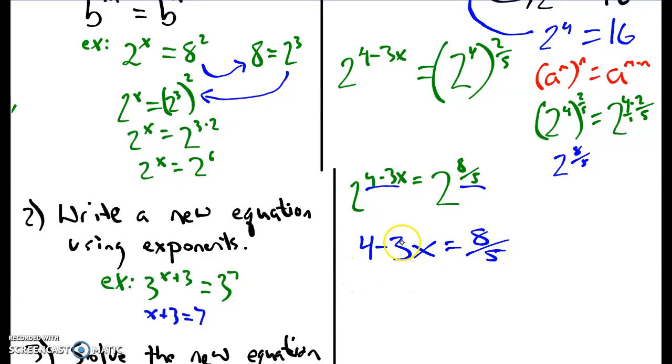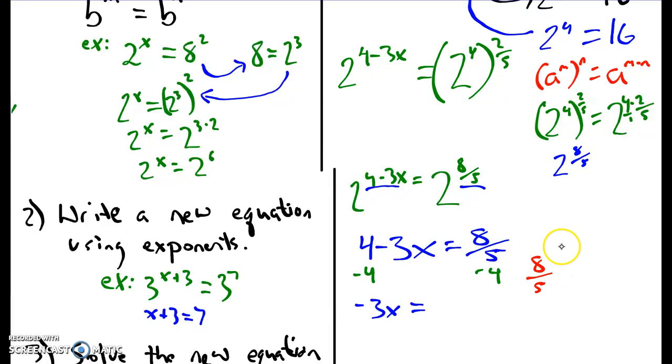Solving, getting x by itself, means first we're going to subtract 4 from both sides. On the left-hand side, that cancels out, and you get negative 3x. On the right-hand side, 8/5 minus 4. I'm not going to spend a bunch of time reviewing how to subtract fractions, but I don't mind if you use a calculator for this. Though if, for example, you need to take the AccuPlacer, you really need to review subtracting fractions.